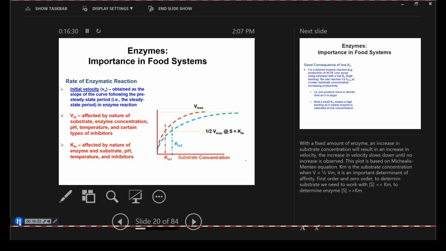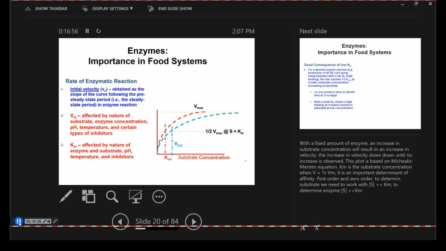So obviously, this is the substrate the enzyme has higher affinity to. So lower Km implies higher affinity. The lower the concentration where you reach the same velocity, Vmax over 2, the higher the affinity of the enzyme to the substrate. Okay?